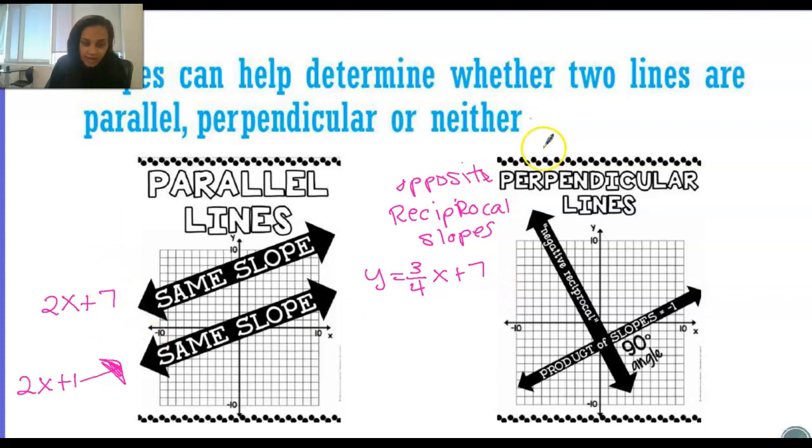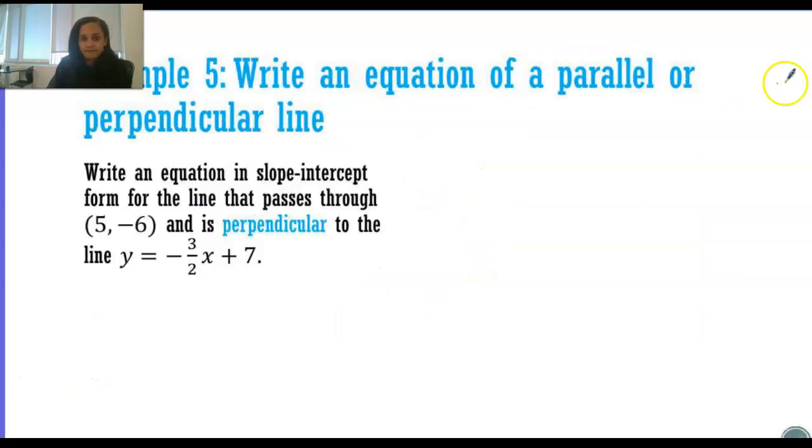Then if I had another line with the opposite reciprocal slope, the opposite would be changing it from positive to negative, and the reciprocal is flipping the fraction, 4/3. I would know that my slope is negative 4/3 because the opposite reciprocal would be changing the sign and flipping the fraction. So let's see how that works out.